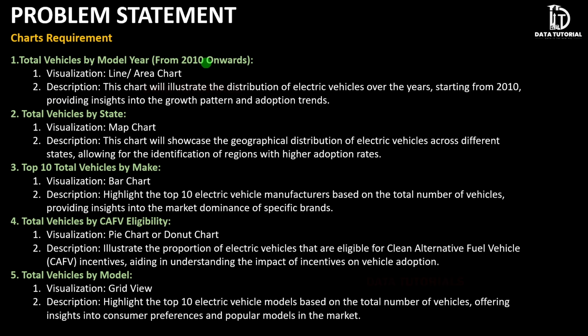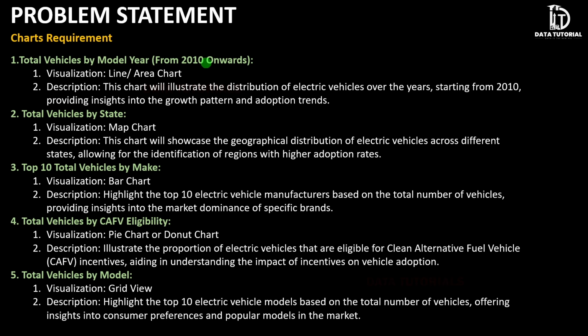So we are going to see this in the form of a line chart or area chart. The reason behind this visualization is it will provide us insights on how the acceptance of electric vehicles is seen from 2011 to the current year 2024. Getting it? Then we will see the total vehicles by state.